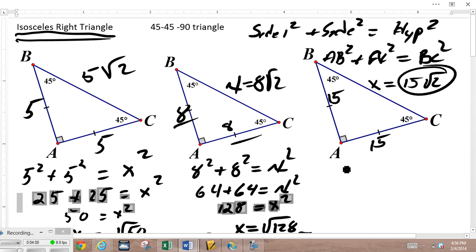This time I'm going to write it in the other order. The hypotenuse squared, x squared, is equal to 15 squared plus 15 squared. Again, 15 squared is 225, so it's 225 plus 225, which of course is 450.